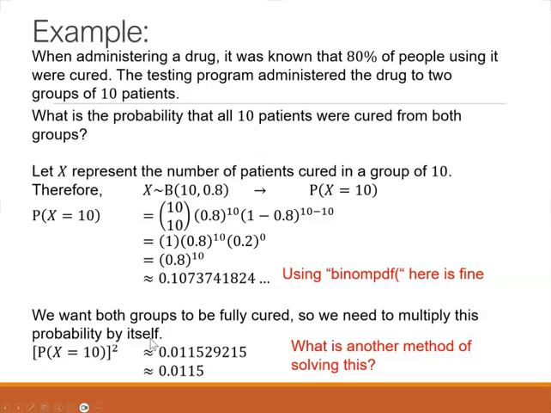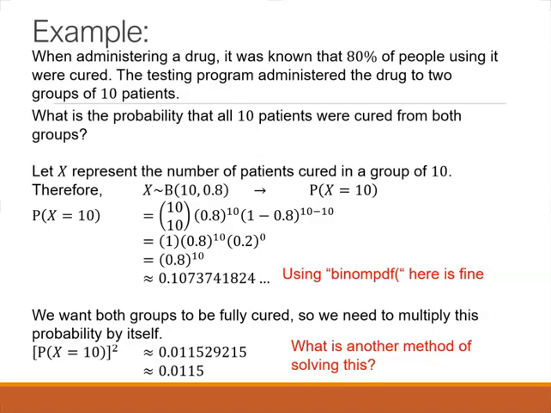There's another way of thinking about this, though. How else could we have conceived of this? What do we know about the trials of a binomial experiment? They're independent. And both of these are essentially the same binomial experiment, right?